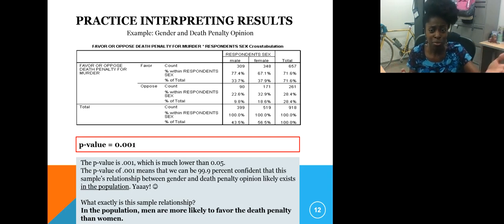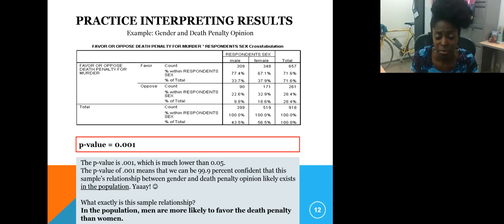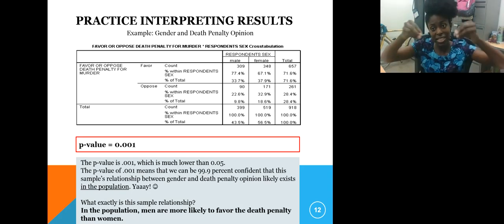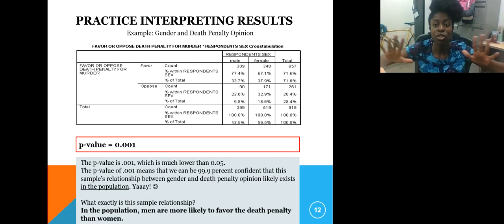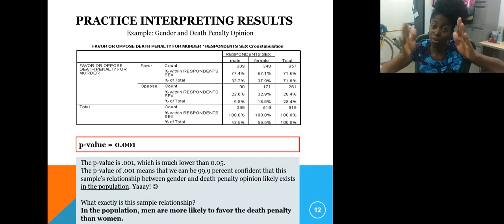It could be 93% to 80%. It doesn't have to be 77 and 67. That's in this sample. But this sample is allowing us to generalize to the population, which might look like this: men and women favoring more than they oppose, but men still favoring more than women.